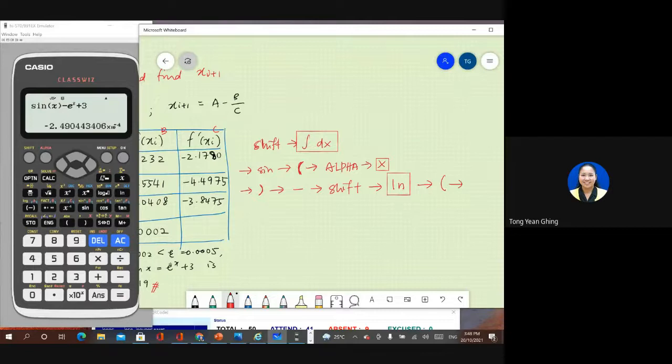Lepas tu tekan alpha x lagi. Okay, lepas tu awak tutup kurungan. Okay. Lepas tu awak plus 3. Lepas tu awak pergi comma.